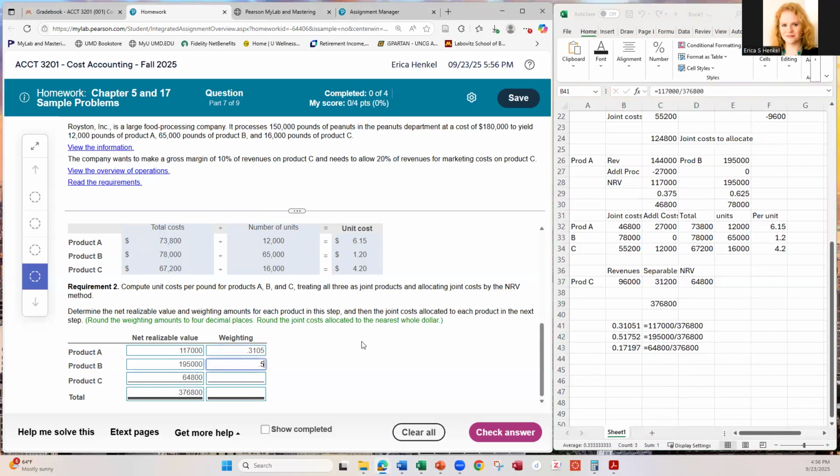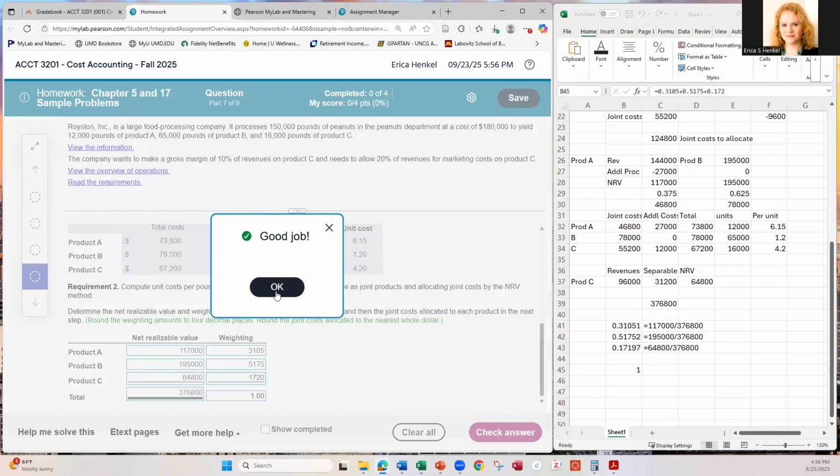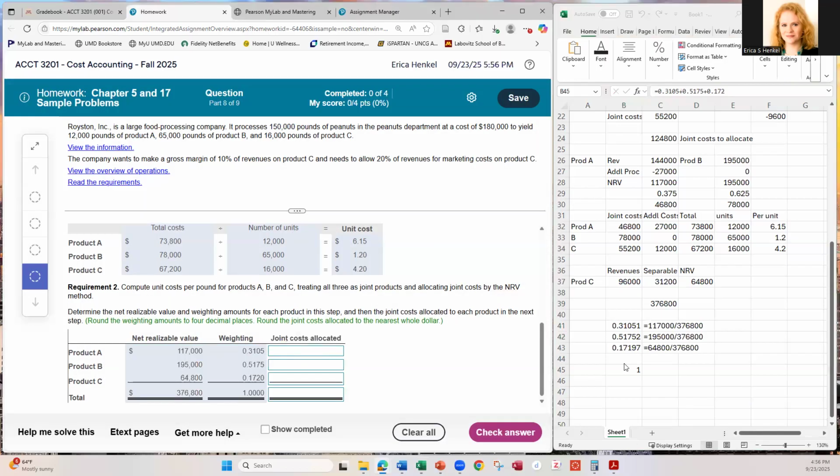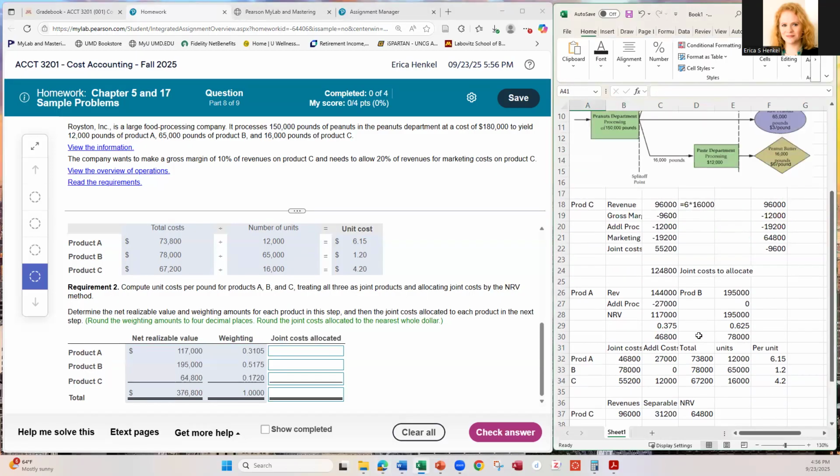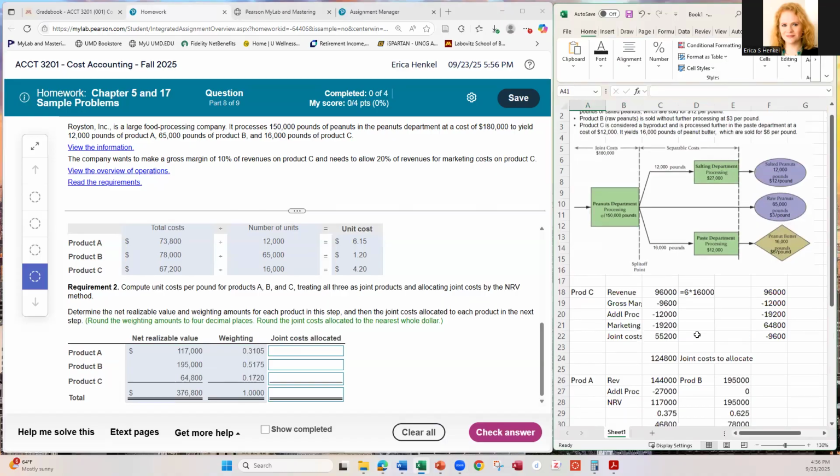Okay, so 0.5175 and 0.1719, actually 1720. Okay, so let's just look at that. All right, and it does, rounded, equal 1. Okay, so then we're just going to take those and multiply them times our total joint costs, which were the 180,000.